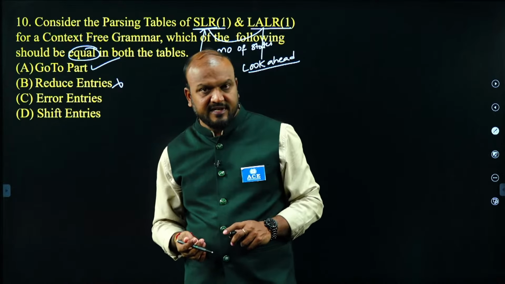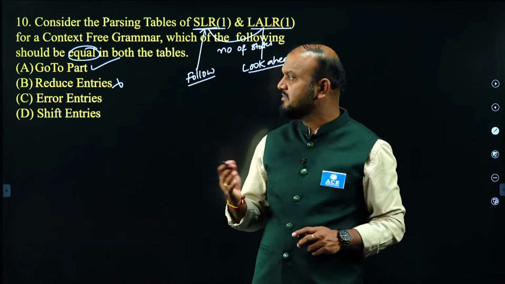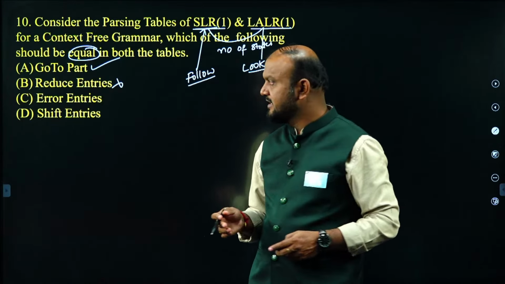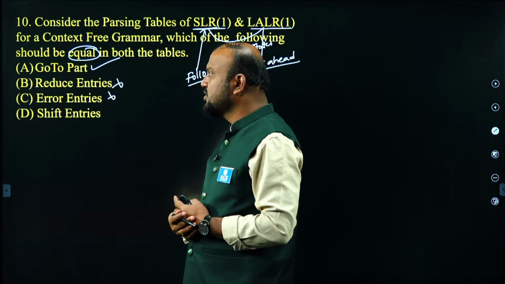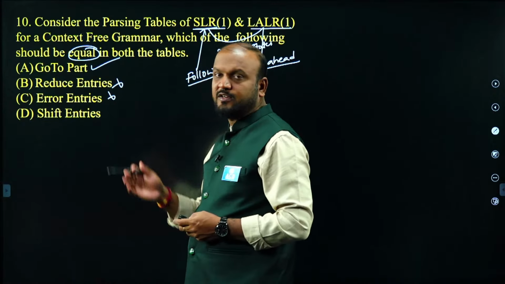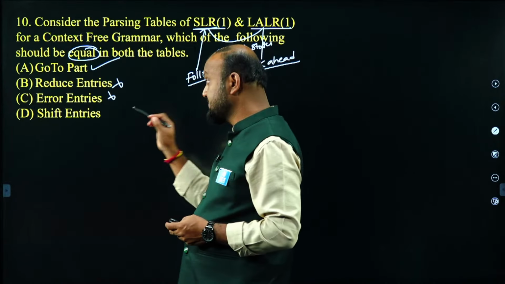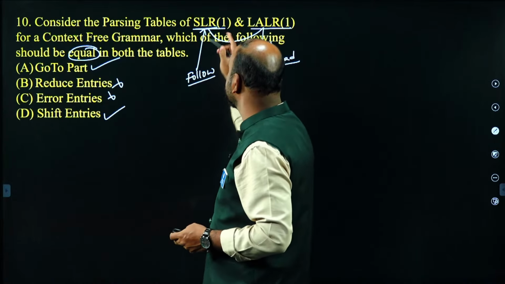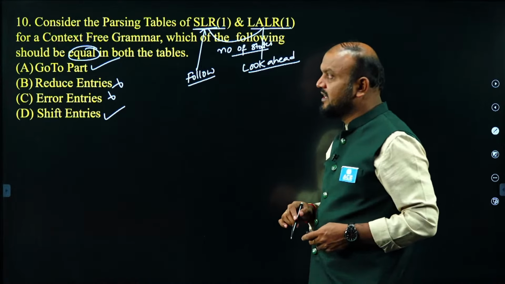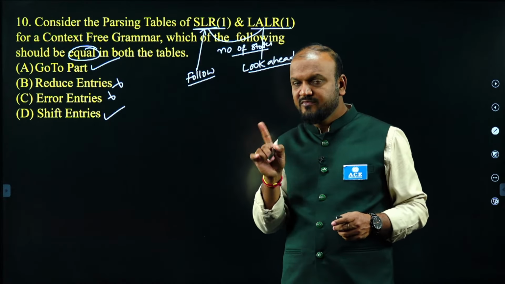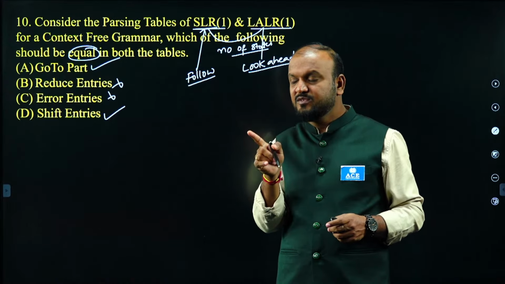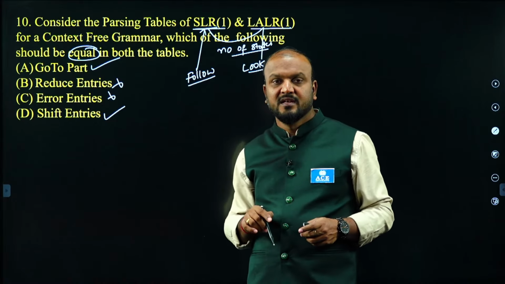When reduces are different, some blank entries will definitely be different, so error entries are also different. Because the go to part is the same, meaning with respect to non-terminals it is the same, and with respect to terminals also the same, because the number of states is the same. When the number of states is the same, moves with respect to non-terminals are the same, which we call the go to part, and moves with respect to terminals, the shifts, are the same.